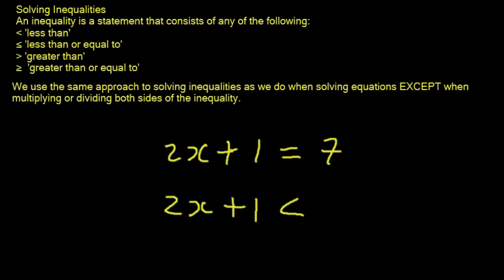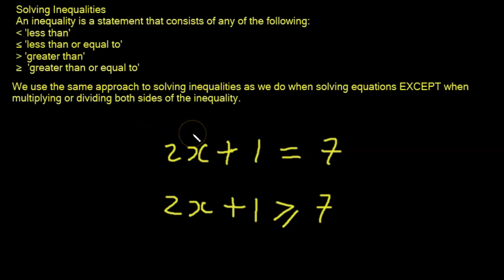Or if we should put greater than or equal to, then that's an inequality. So there's a difference between the two types of problems. This is an equation, and any one of these four symbols in a statement, we consider that to be an inequality. The prefix "in" means not, so it's not an equality.